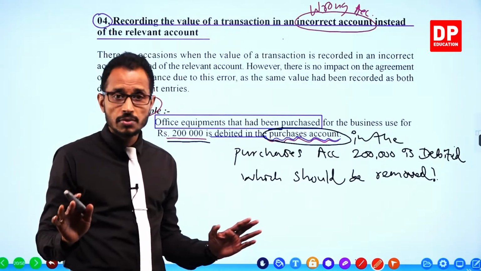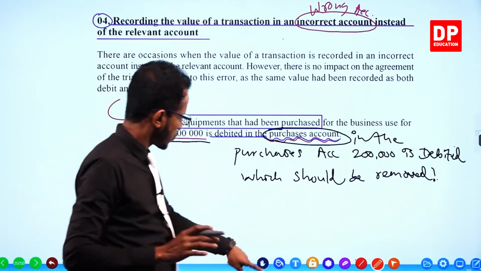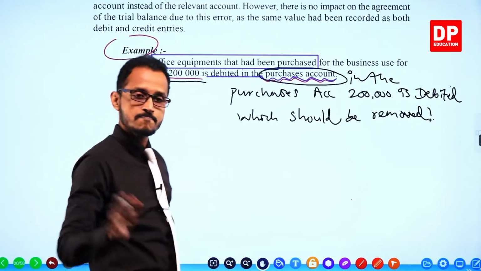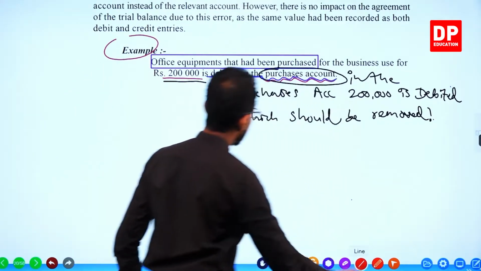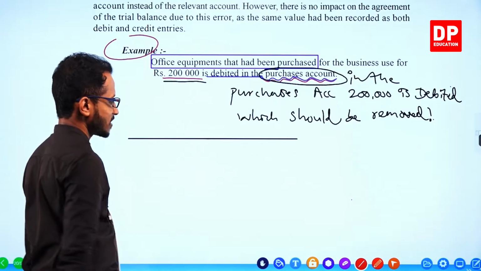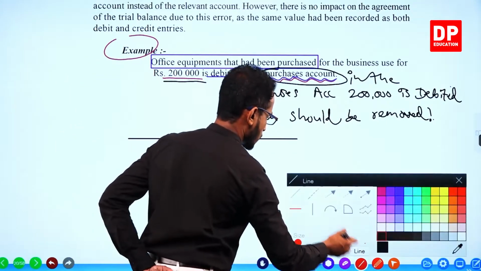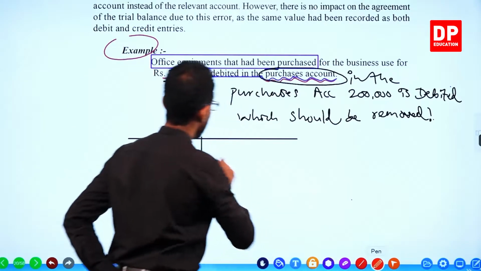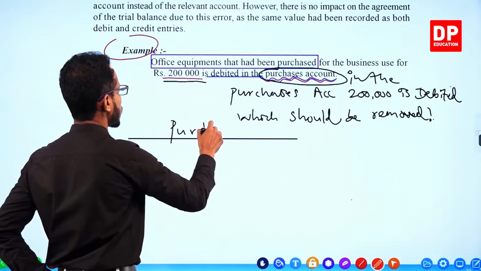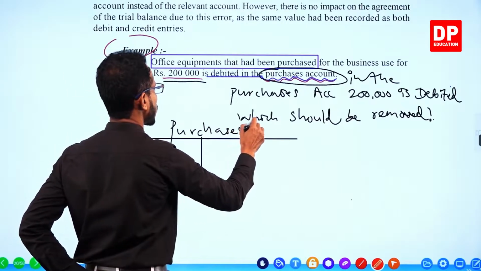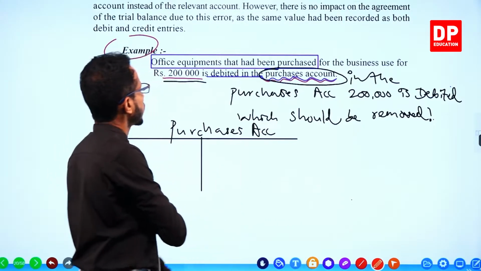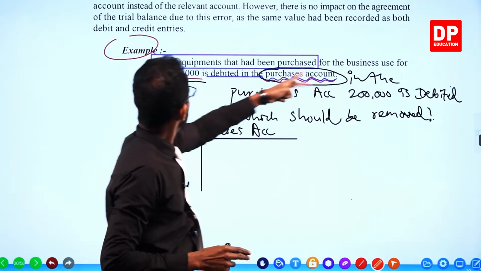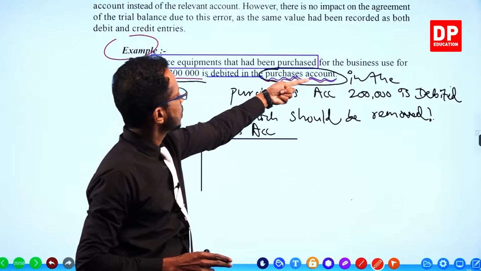Okay, we know how to remove. We'll do it here. This is the purchase account, and 200,000 has been debited in the purchase account.